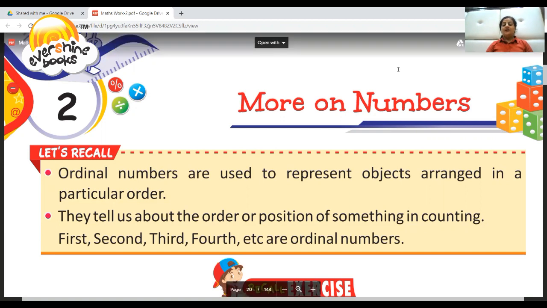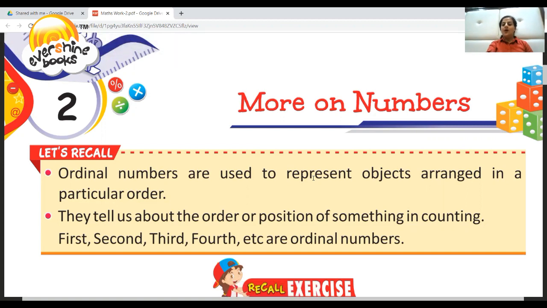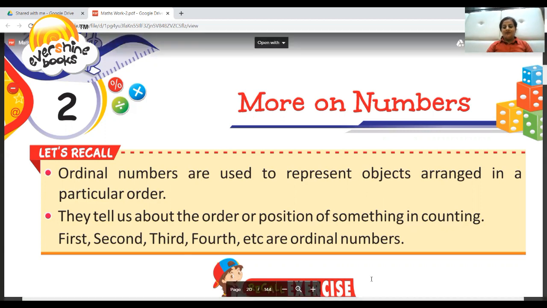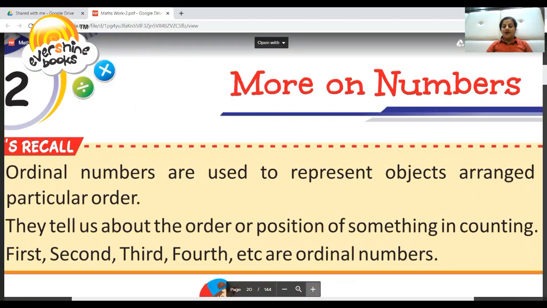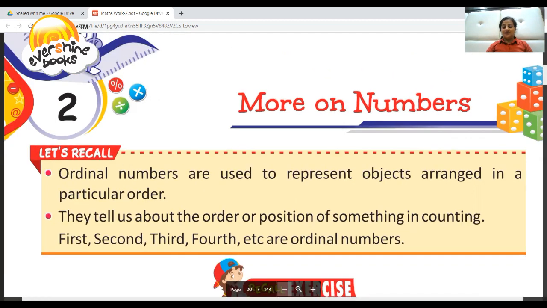These numbers always tell us about the order and the position of something in counting. That is called ordinal numbers. So, we are going to do ordinal numbers in our recall exercises.